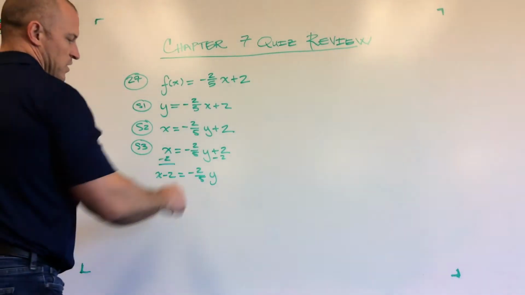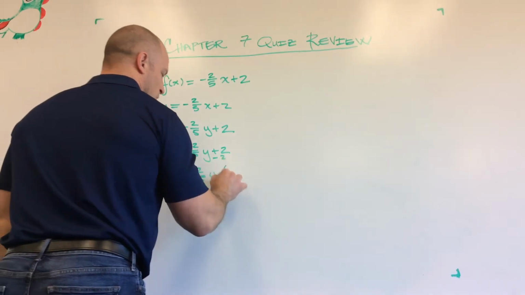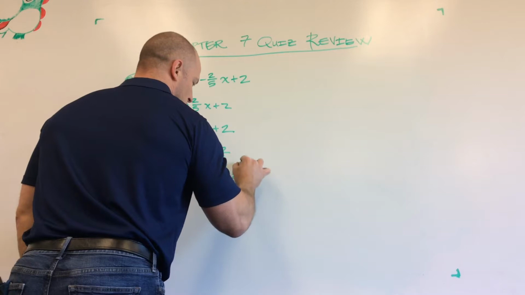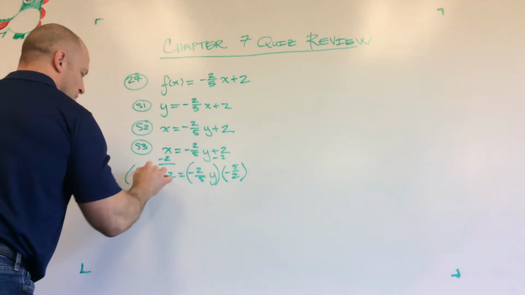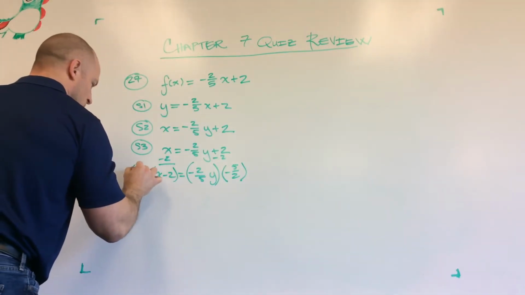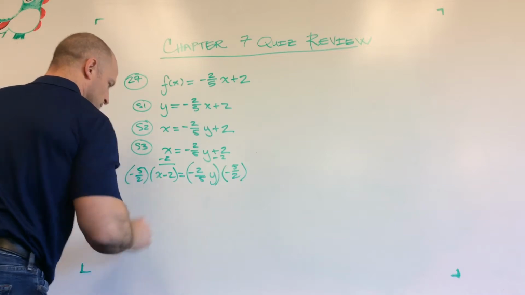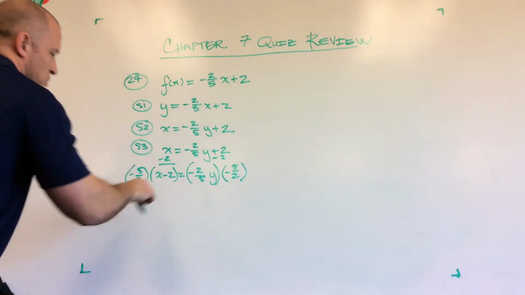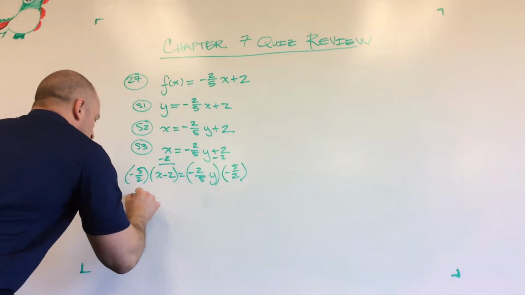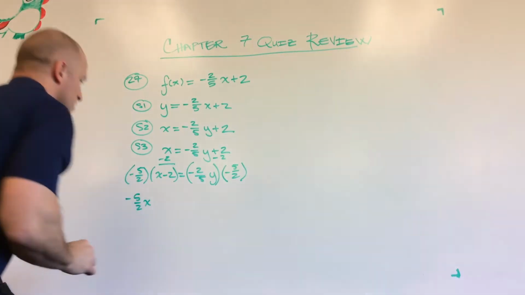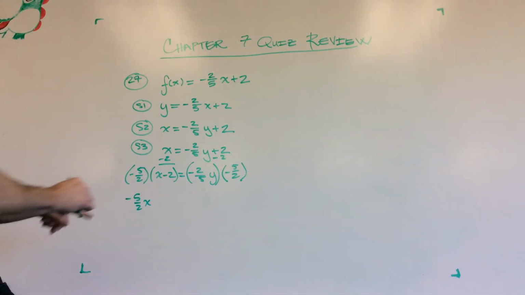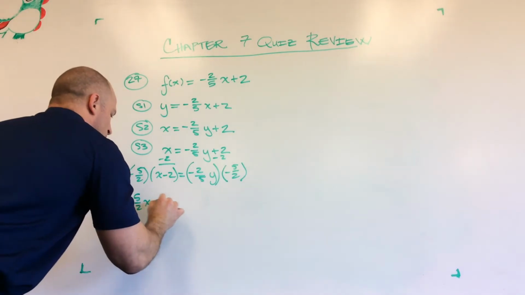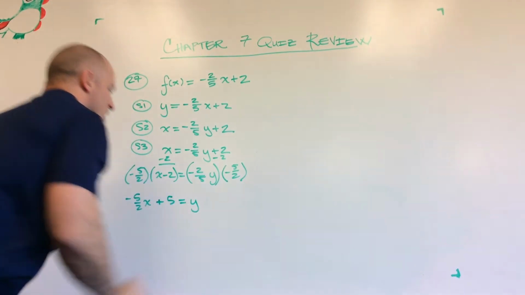We can get rid of negative 2/5 and leave y by itself if we multiply this whole piece by negative 5/2 instead. We've, of course, got to do the same thing to the other side. This side is going to leave us, as we distribute this across, negative 5/2 x. Negative 5/2 times negative 2: the 2 on the top and bottom will cancel, the negatives will cancel, and we'll get plus 5 equals y.